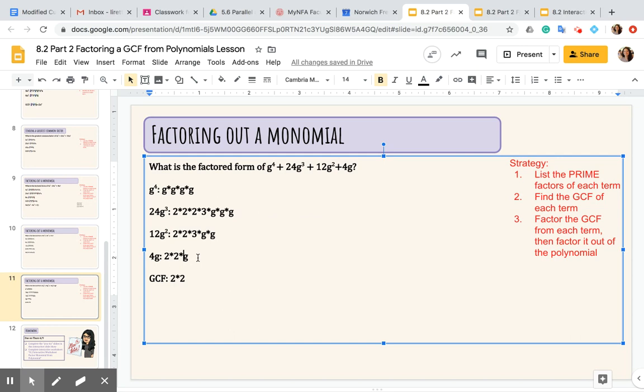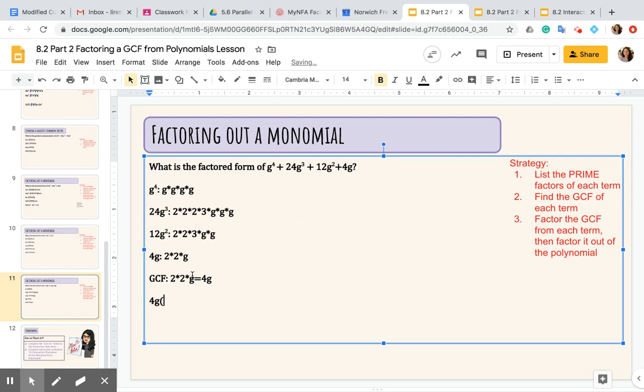So now I check to see how many g's I can take. Well, I only have 1 in this bottom one, so it's only going to match up with a g here and a g here. So even though there's more g's left over in the other terms, I can't take what I don't have. I can only match what's common, which in this case is going to be one of those g's. So my GCF is going to be 4g.